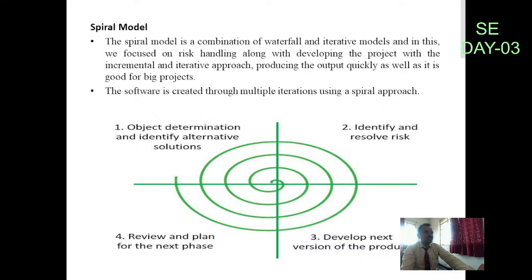What I am saying is, whenever we discuss the spiral model, a spiral model is a combination of waterfall model and iterative model, and especially in this model we put efforts and focus on risk handling along with the developing phase of the project with the incremental and iterative approach.